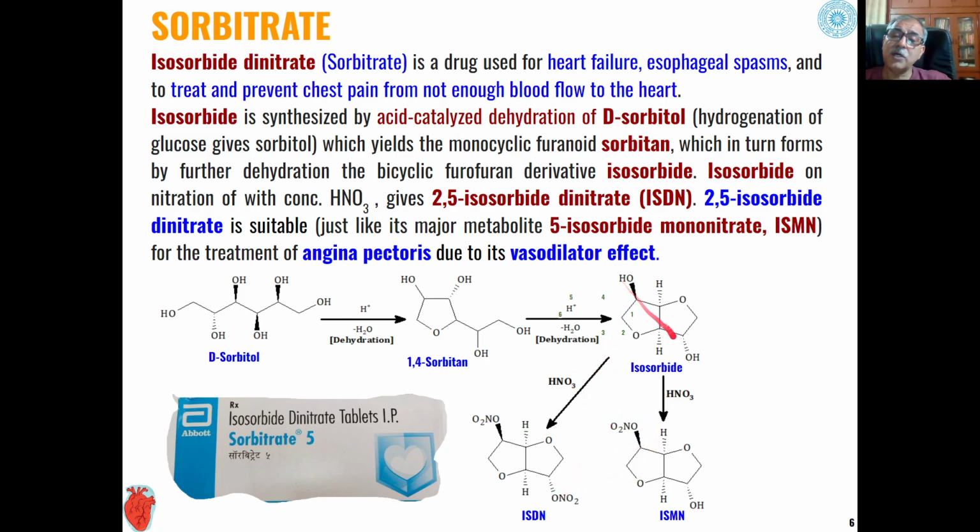Similarly, if both the hydroxyl groups are replaced by nitro groups, then sorbitrate is synthesized, which is 2,5-isosorbide dinitrate, and this compound is used as a cardiovascular drug, as I told you, for heart failure or esophageal spasms or to treat and prevent chest pain. So this is a very commonly used and important drug for cardiovascular diseases.